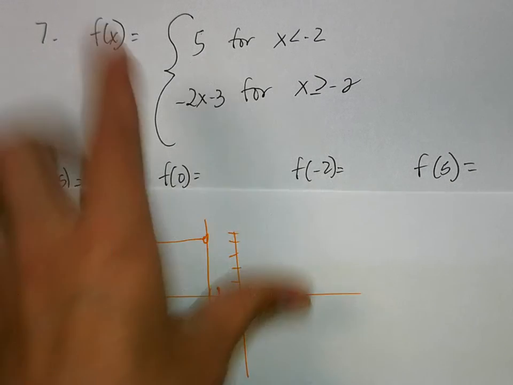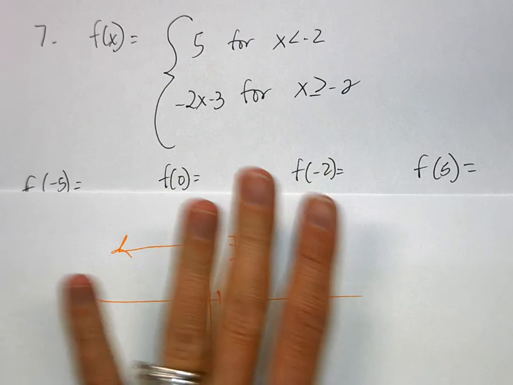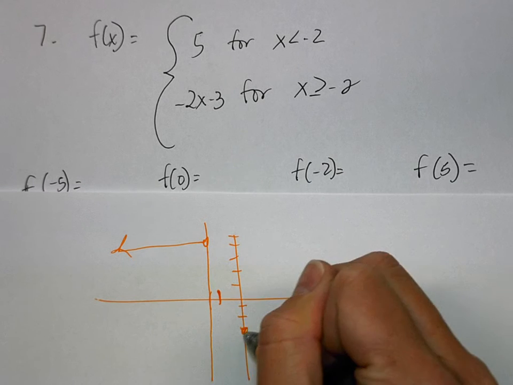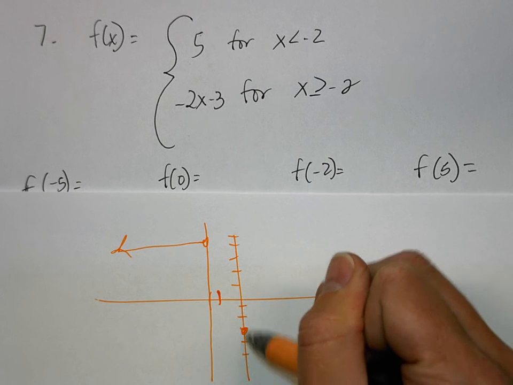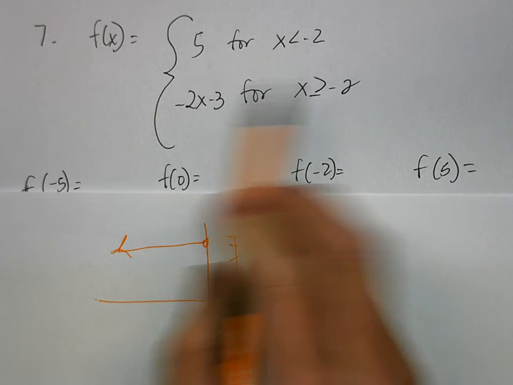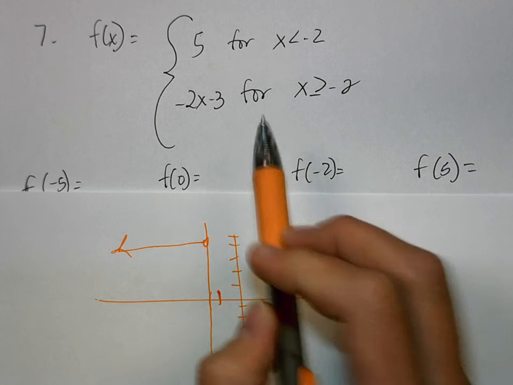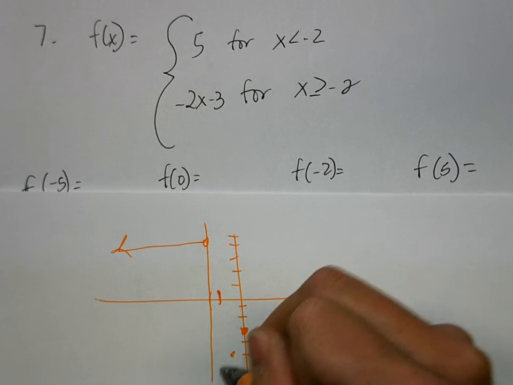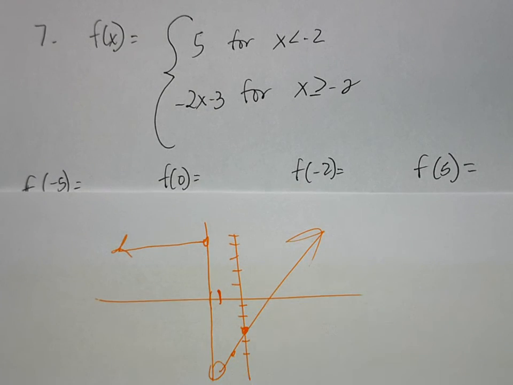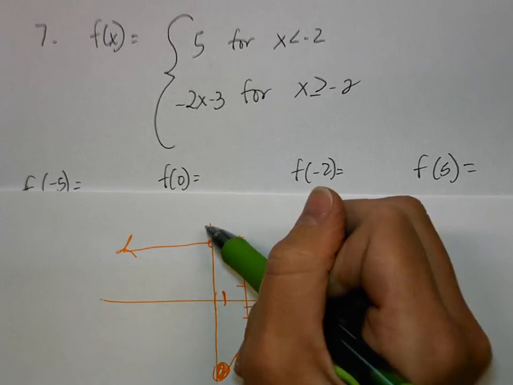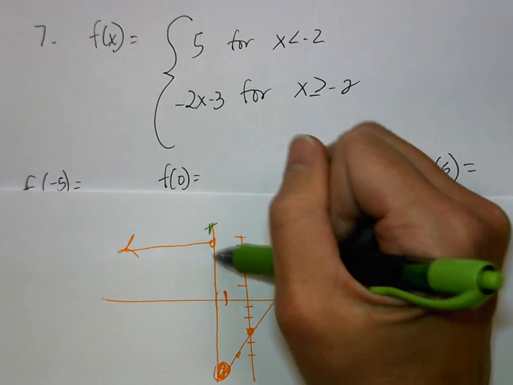So they're giving you this function, okay? So this is part of the graph. We go down 1, 2, 3, and then this is -2, right 1. If you plug in -2 here, that's 4 minus 3. Anyways, we're going to have some kind of line like this. I'm not exactly sure on the point, but your graph looks something like this, although this line right here doesn't really exist.